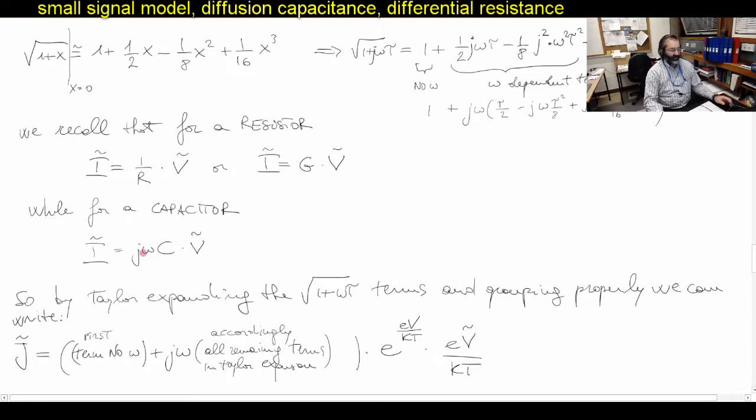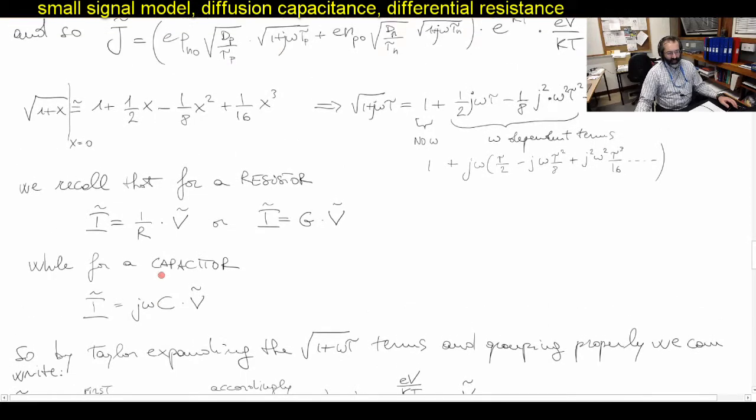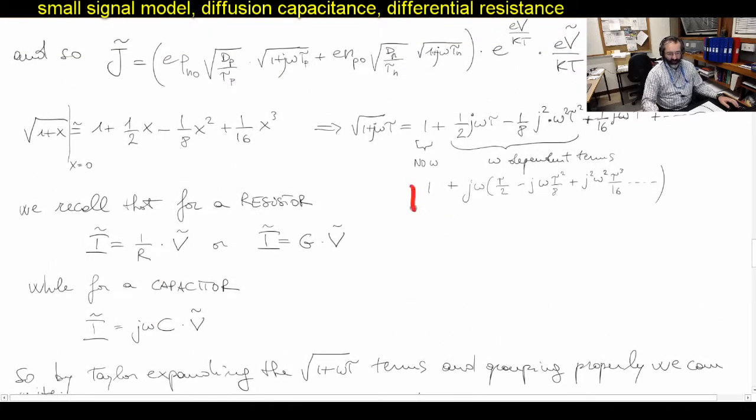So you start probably realizing why I've done this conceptual thing previously. If I had a resistor, the relation between current and voltage would have been through a constant. If I had to deal with a capacitor, the relation between current and voltage would be through a term of the type j omega something.